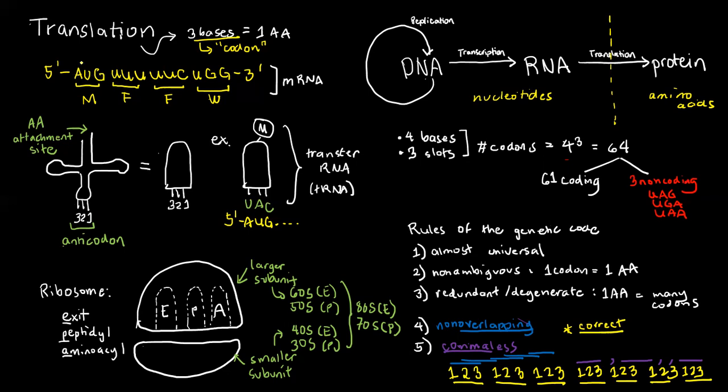Okay, so three consecutive letters correspond to a certain letter here, which is actually the one letter abbreviation for our amino acids. So basically here I'm trying to say that AUG is equal to methionine, UUU is phenylalanine, UUC equates to phenylalanine, and UGG equates to tryptophan. And I will be talking more about where we got these equivalents later.